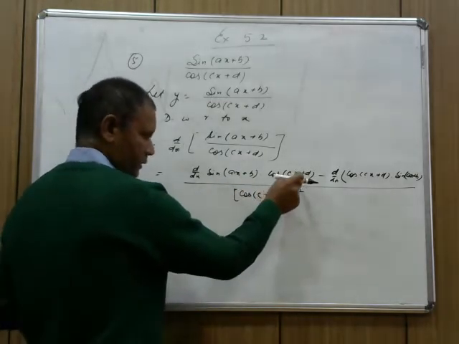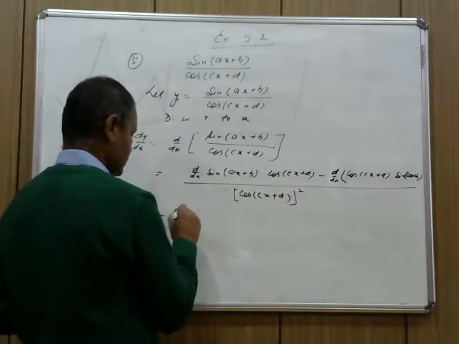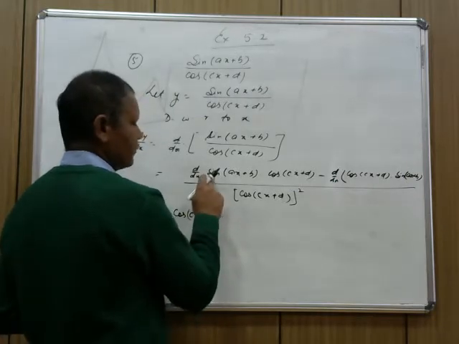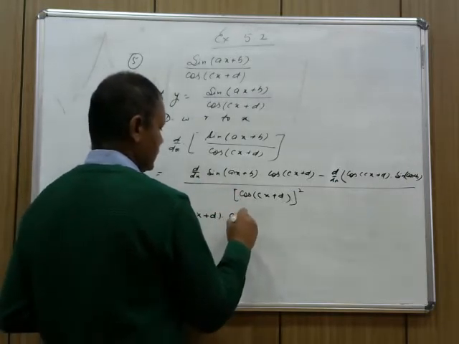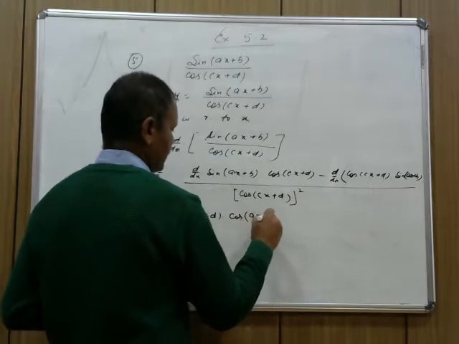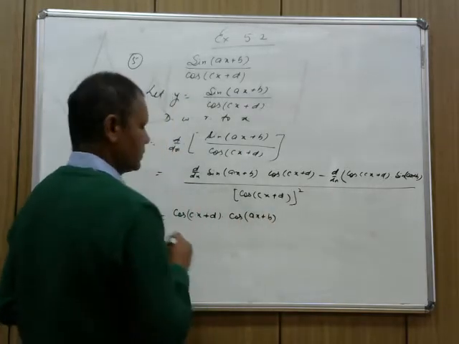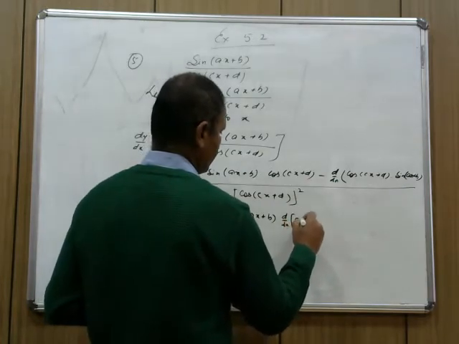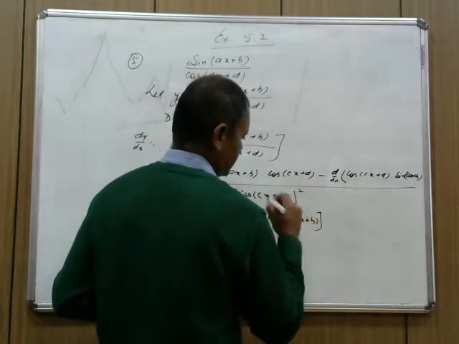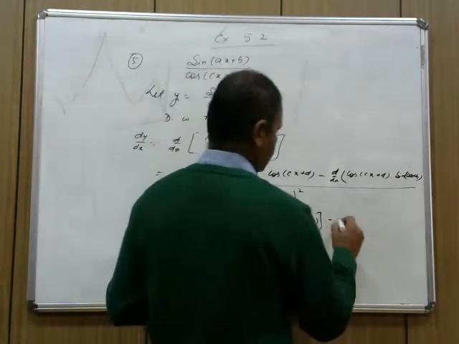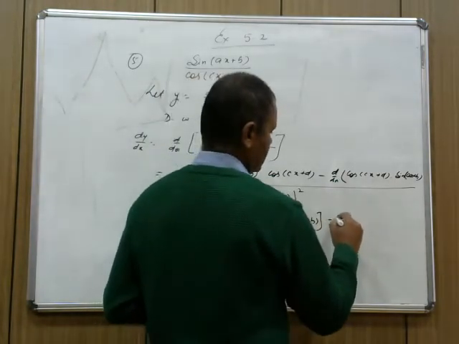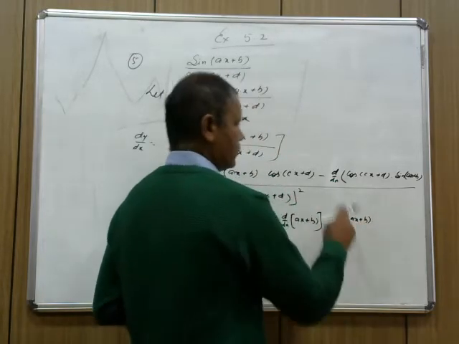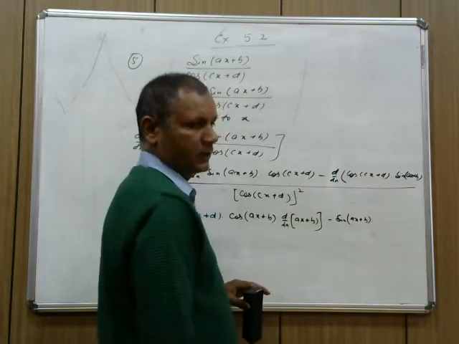So first I write this term: cos(cx + d) into differentiation of sin(ax + b), which is cos(ax + b) into differentiation of ax + b, minus, I'll write this part first, sin(ax + b) into differentiation of cos(cx + d).